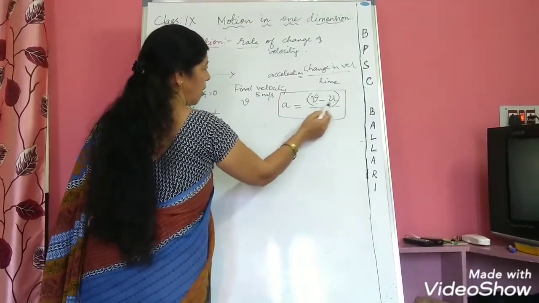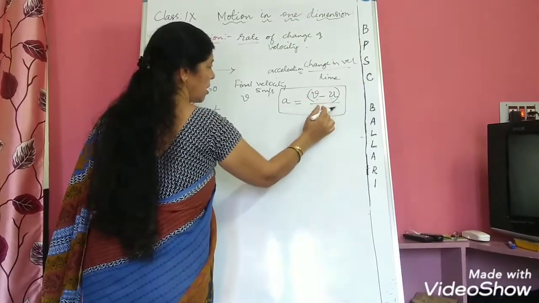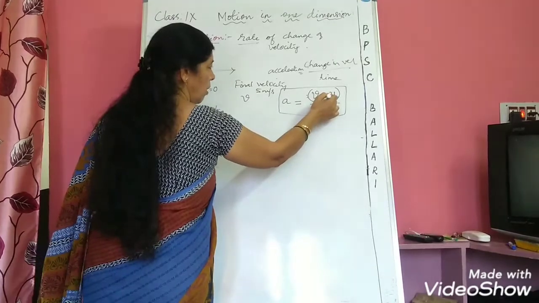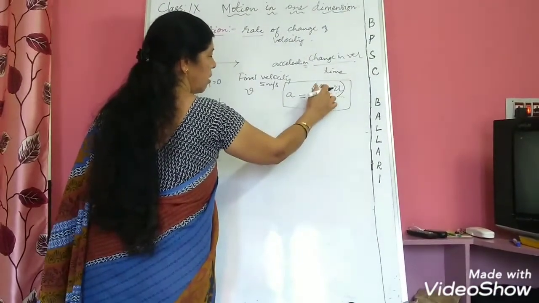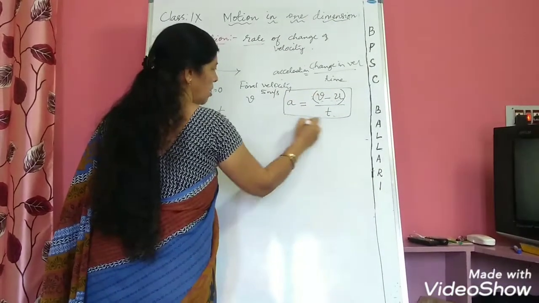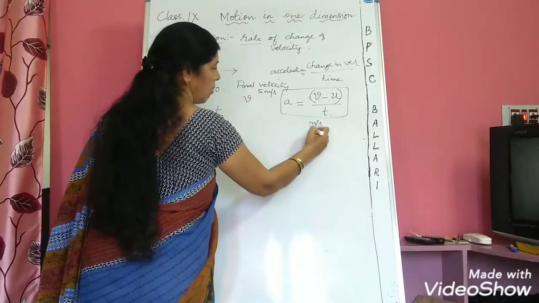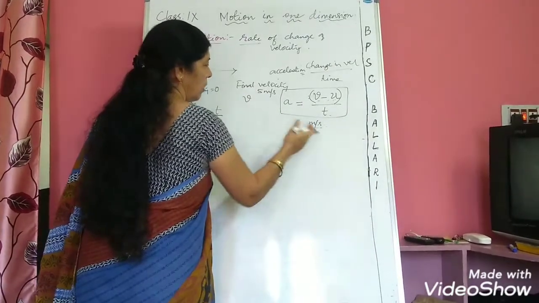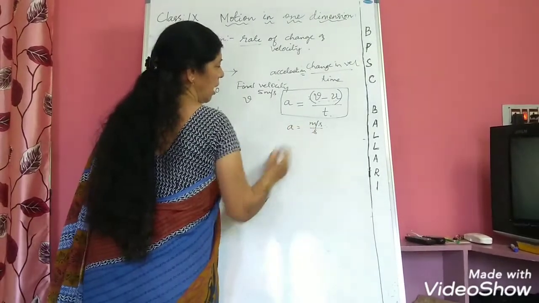Now if you observe the numerator speaks about velocity only. This bracketed term is nothing but change in velocity. So in the numerator you have velocity, in the denominator you have time. So velocity, what will be the units? Velocity units will be meter per second, and the time units will be seconds. Now with this you can just come to know what will be the units for acceleration.